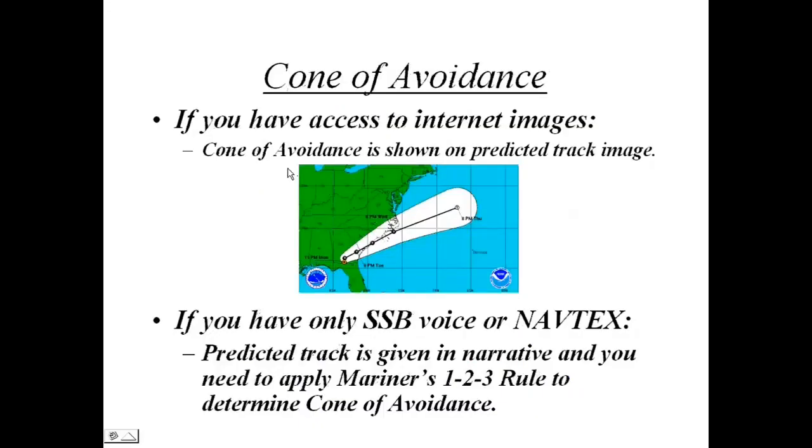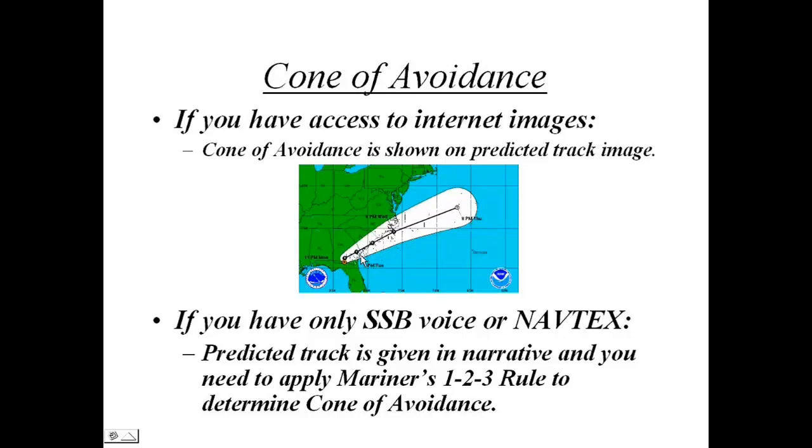Shown here, two basic options. One, if you have access to internet images, the cone of avoidance is actually shown on the predicted track image that NOAA publishes. So in this case, here's the storm here in northern Florida, and you can see the forecast track and this cone that they've drawn around this track, and that's the cone that you want to avoid.